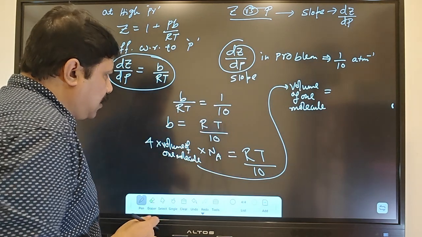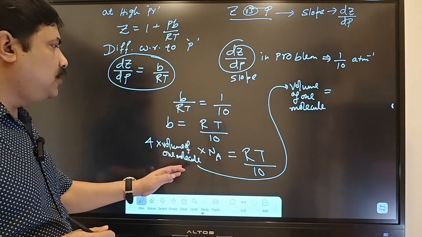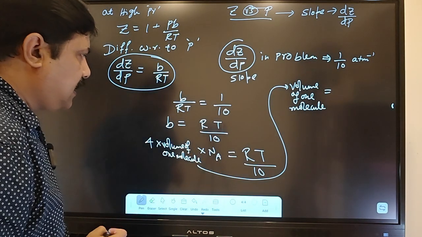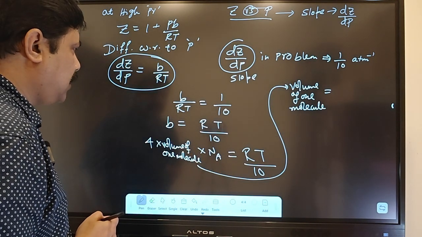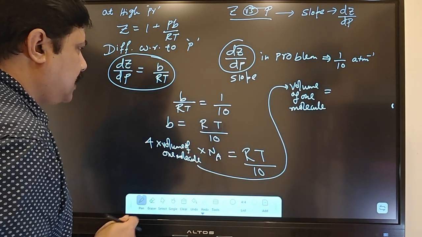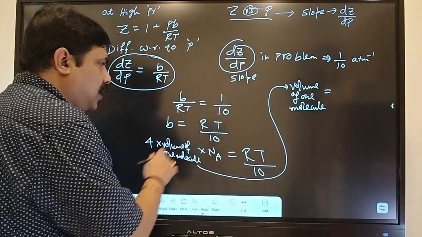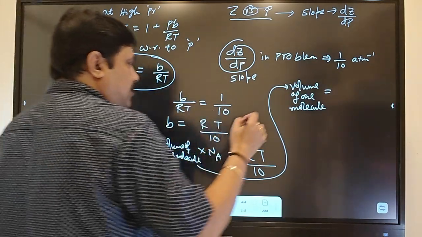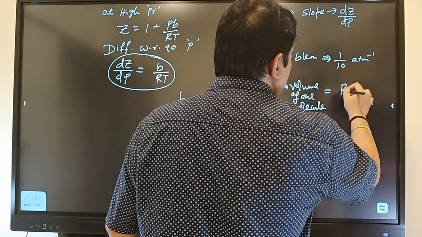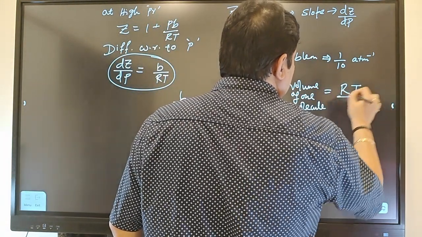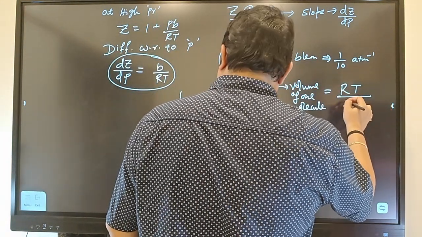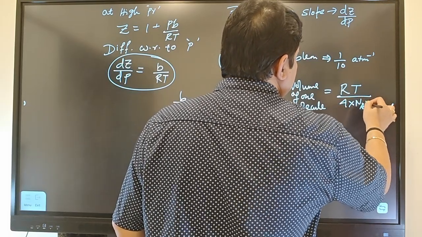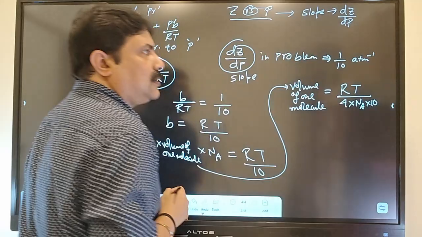If you look at B, we wrote 4 into the volume of one molecule into the Avogadro number. So the volume of one molecule equals RT by 4 into Na into 10. We are getting the volume of one molecule.